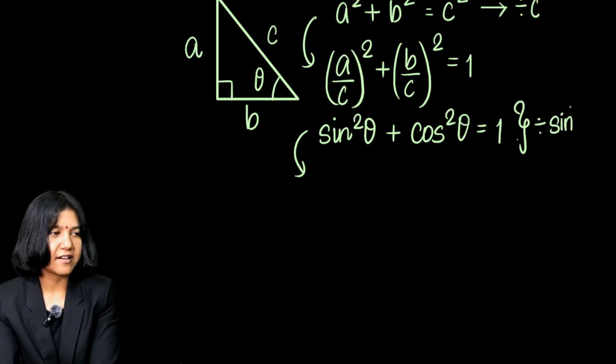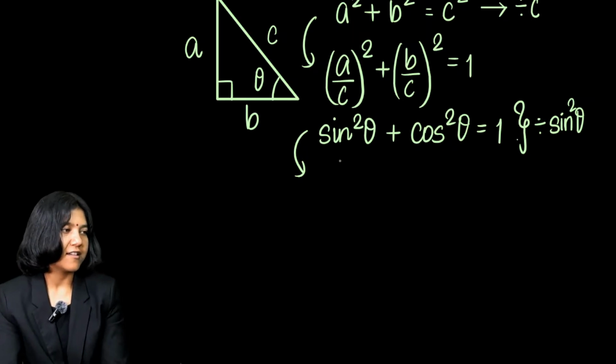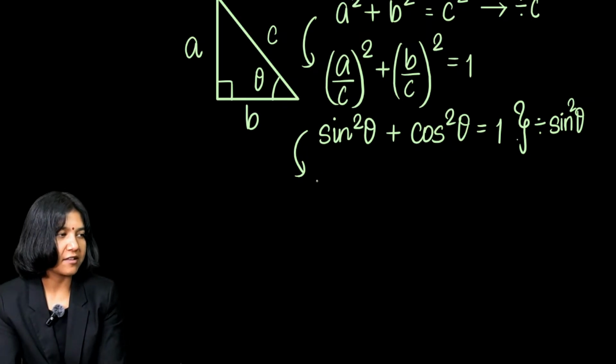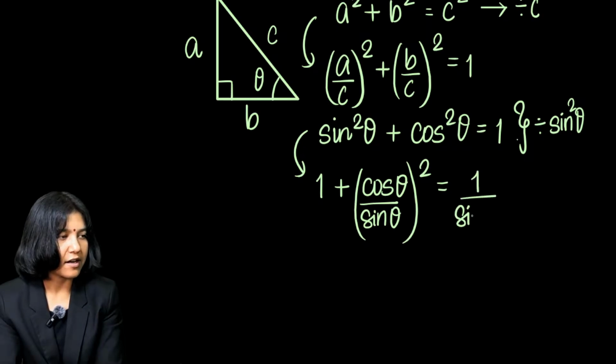What happens? Sine square theta divided by sine square theta will be 1. Cos square theta by sine square theta can be written as cos by sine the whole square, and equals 1 by sine square theta.